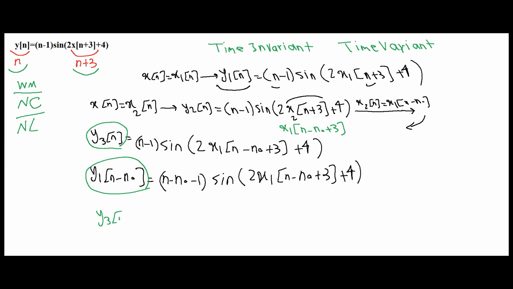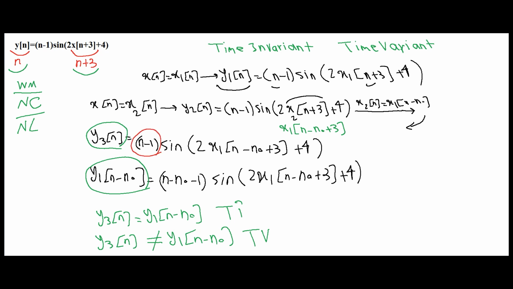Now if y3[n] equals y1[n minus n0], then the system is time invariant. If they are not equal, the system is time varying. If you look carefully, n minus 1 is not equal to n minus n0 minus 1. Therefore, they are not equal and the system is time variant or TV.